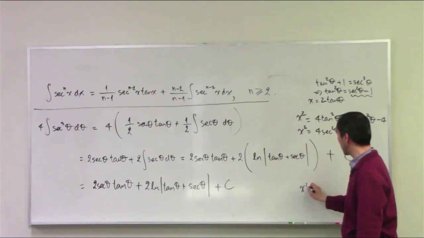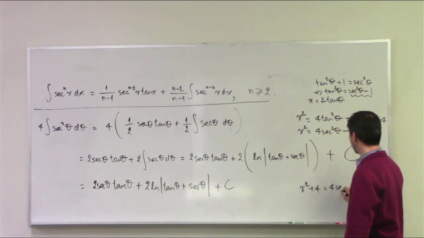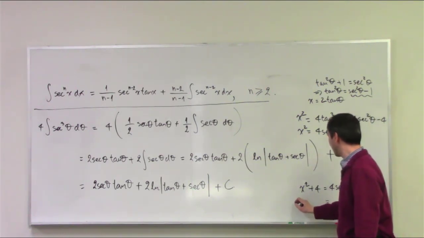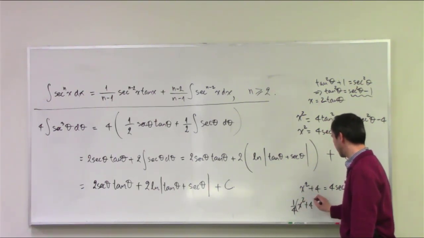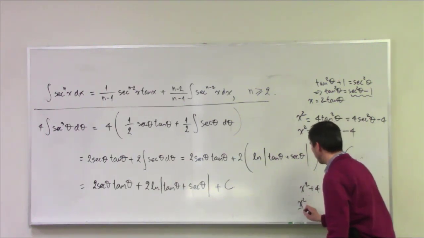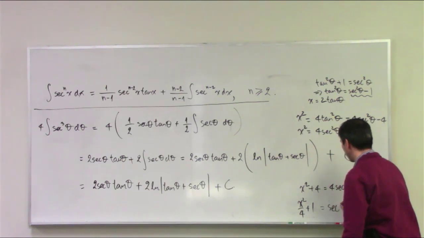We've got x squared plus 4 equals 4 secant squared theta, or 1/4 times x squared plus 4. Or you can write it like this: x squared over 4 plus 1 equals secant squared theta.